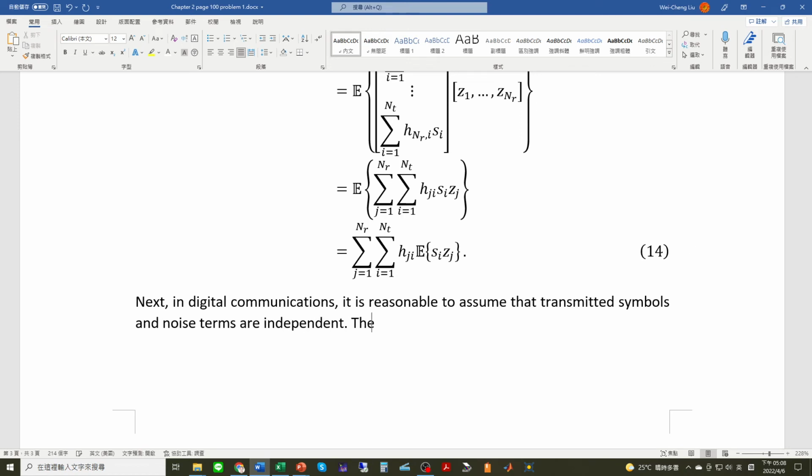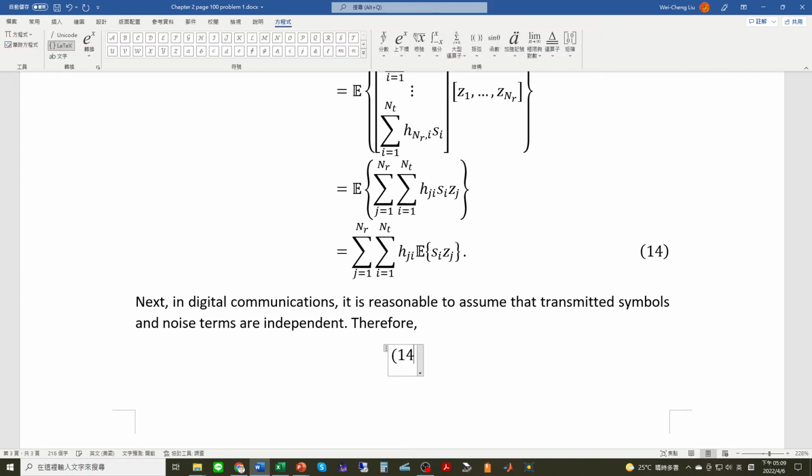Therefore, equation 14 is equal to this.